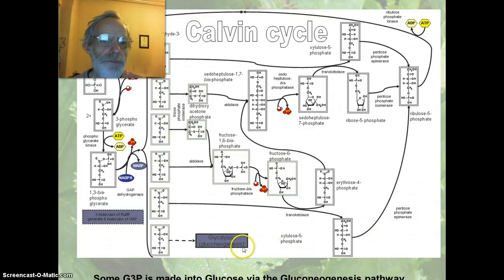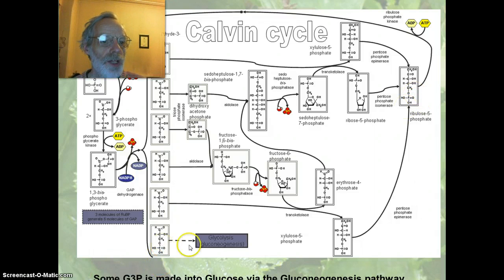And if you really can be bothered, you can trace all these pathways through different size of sugars, producing in the end ribulose 5-phosphate. But not all the glyceraldehyde 3-phosphate is regenerated into ribulose 5-phosphate.